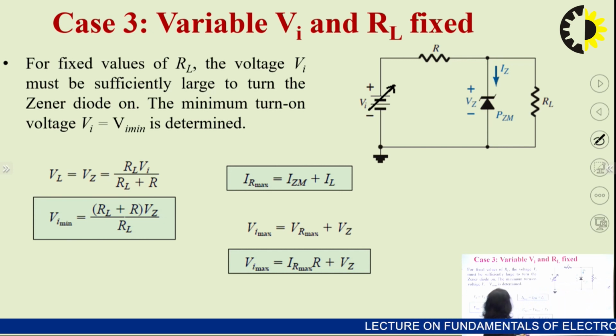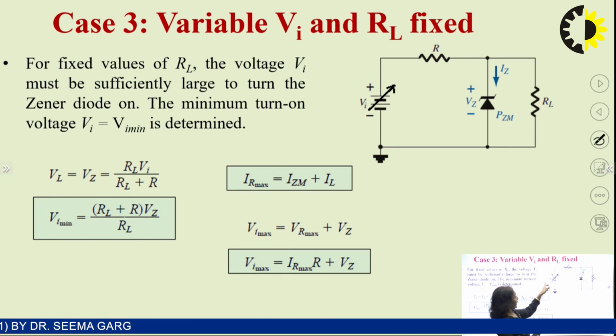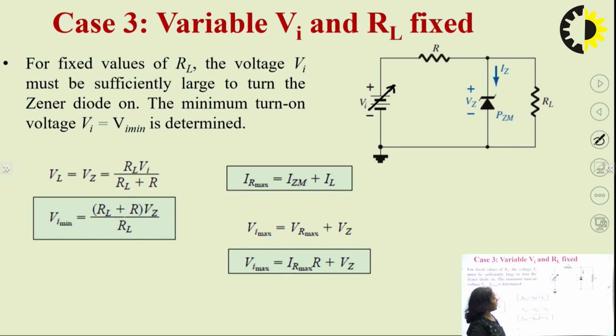The third case is when we have variable Vi and RL fixed. Here we need to calculate the range of Vi. Again, Vi minimum can be calculated by using the voltage divider theorem, by removing the diode across this.